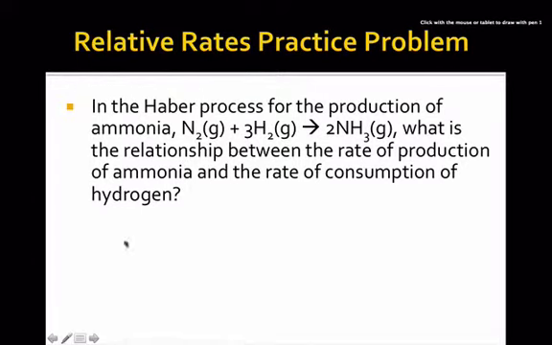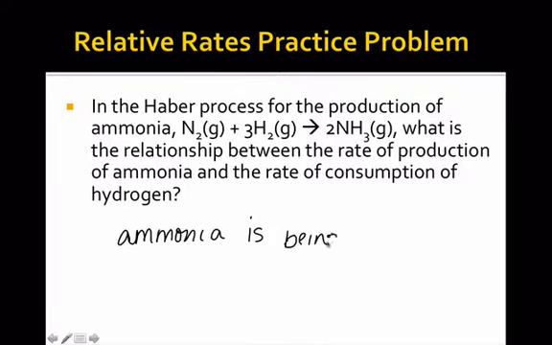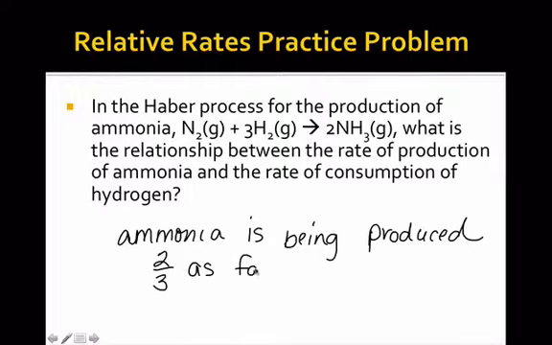So what we would say is that ammonia is being produced 2/3, because that's going to be slower, 2/3 as fast as hydrogen is consumed.